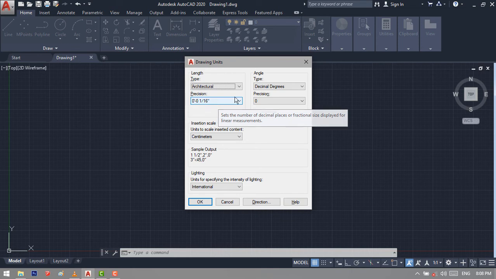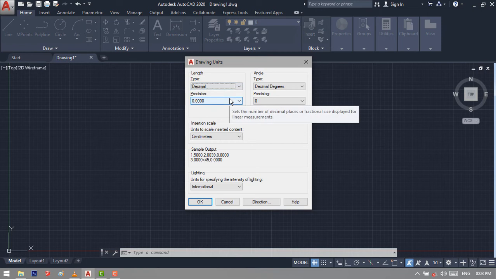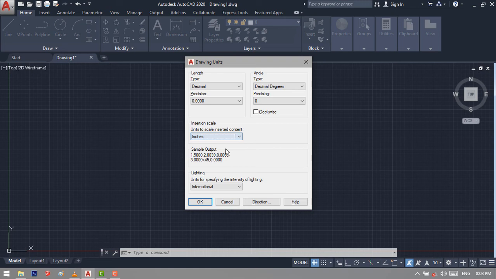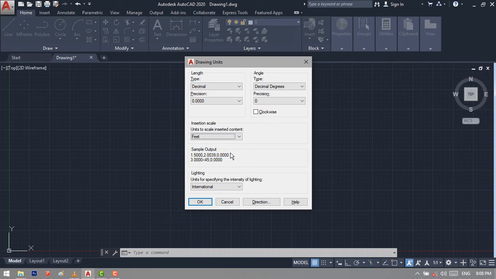But when it goes to decimal and you are using, for example, the feet system, inch system, then you need to insert 1.5 in the feet. In the inch you have to insert 18.